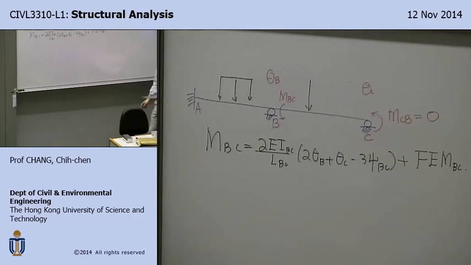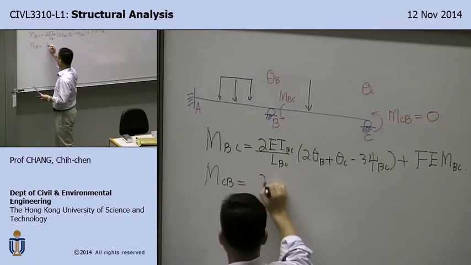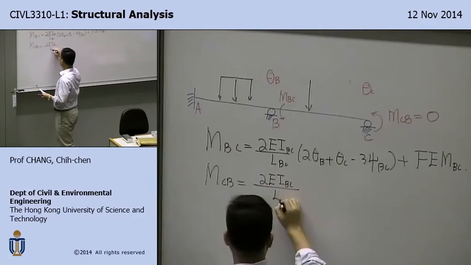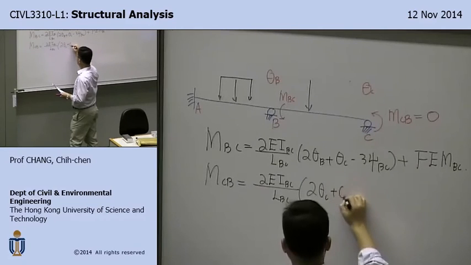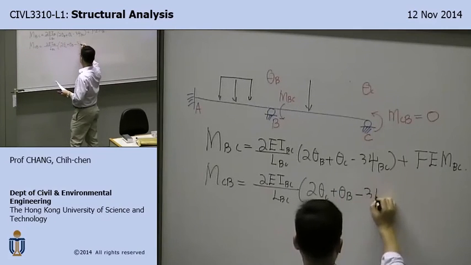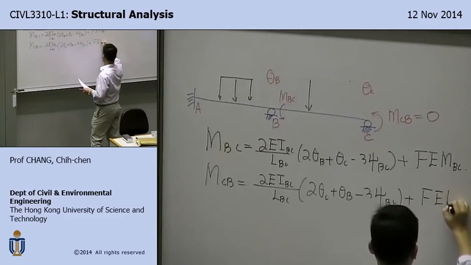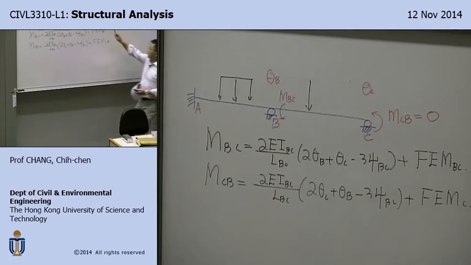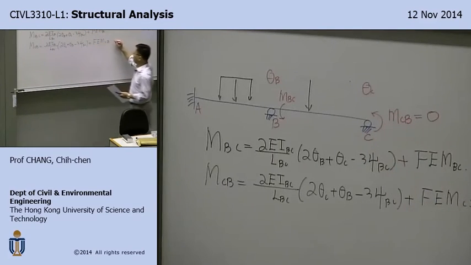That's MBC, and put down MCB. All right. So if I know that I don't have any moment applied there, MCB should be equal to 0.